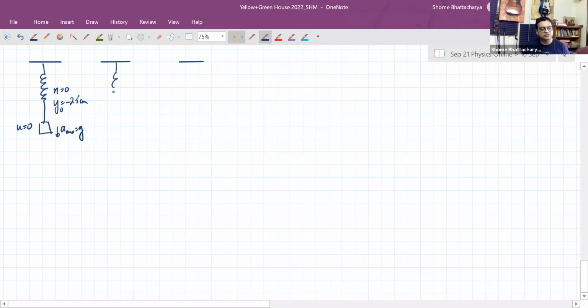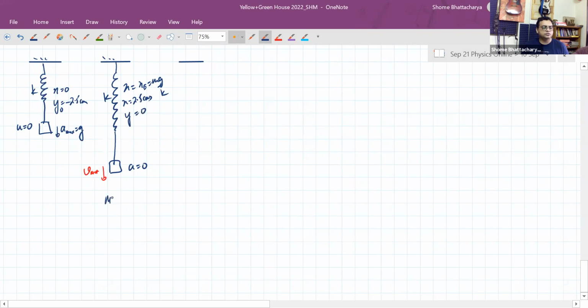Now from here, when it reaches the equilibrium position, x becomes mg by k, where k is the equivalent spring constant. At this point of time, the acceleration is 0, but the speed is maximum in the downward direction. So x is equal to 2.5 centimeters, whereas y is equal to 0.